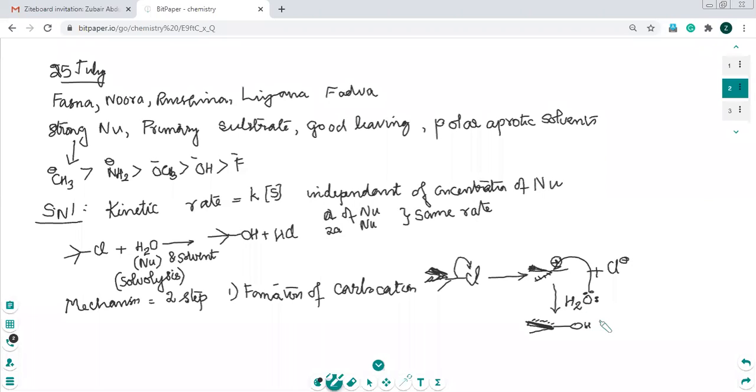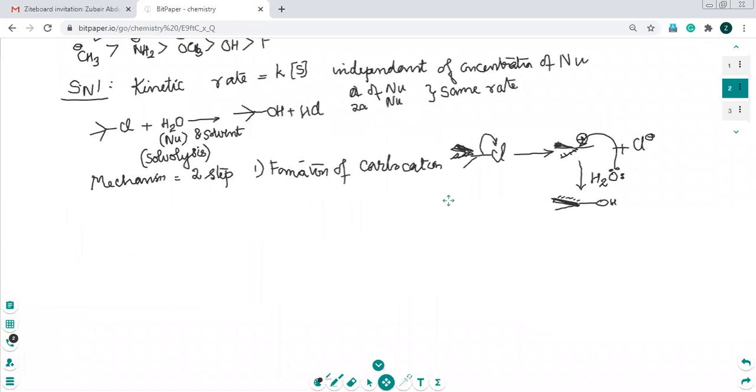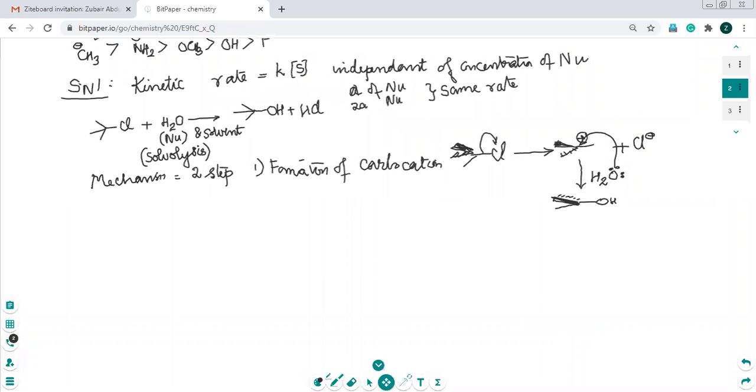Or you can draw this in this way, in a planar form. That also is correct. See here, if you simply draw this, you can draw like this also.